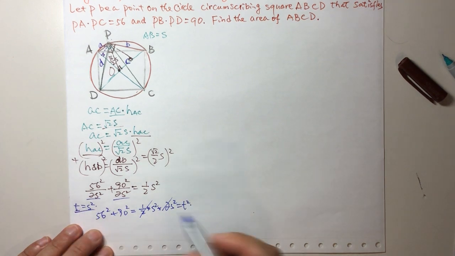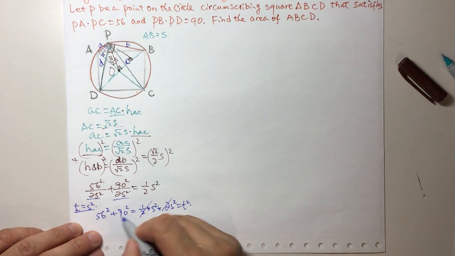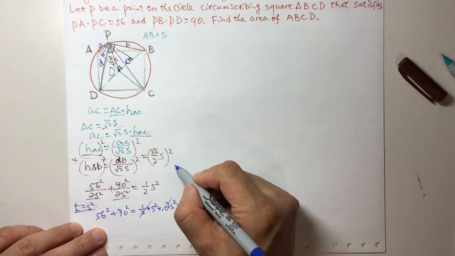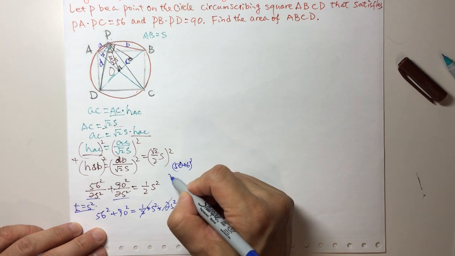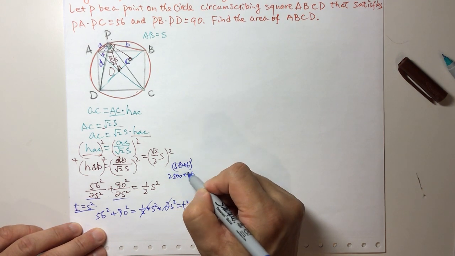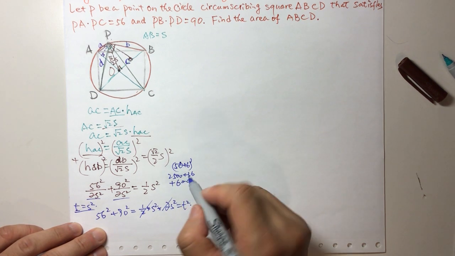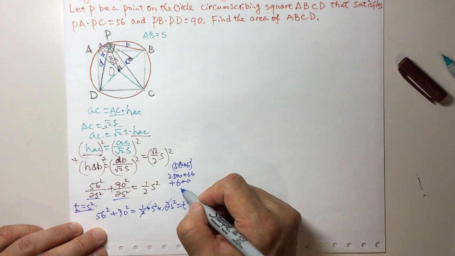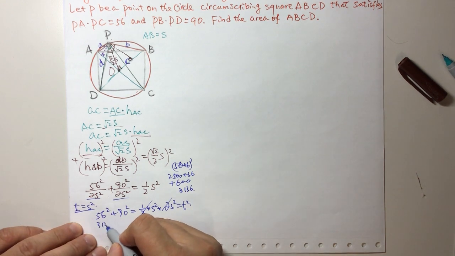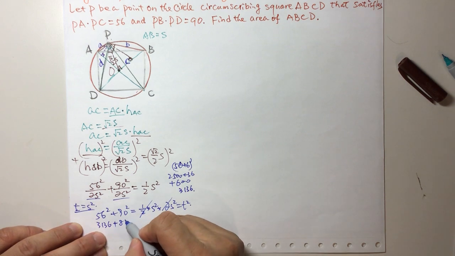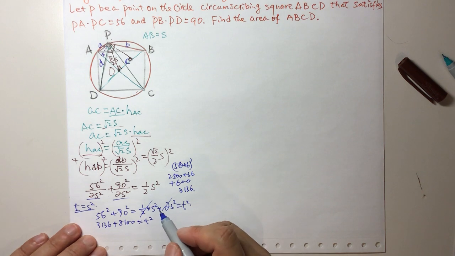So we get 56 squared, which is 3136, plus 90 squared, which is 8100, equals t squared.